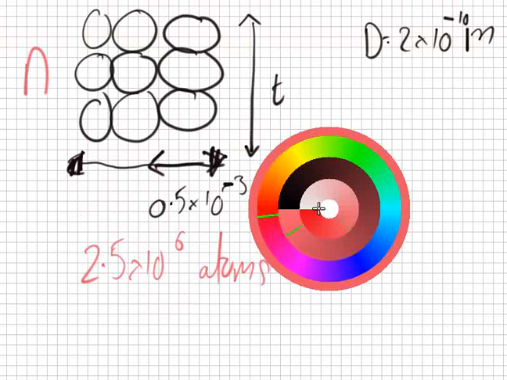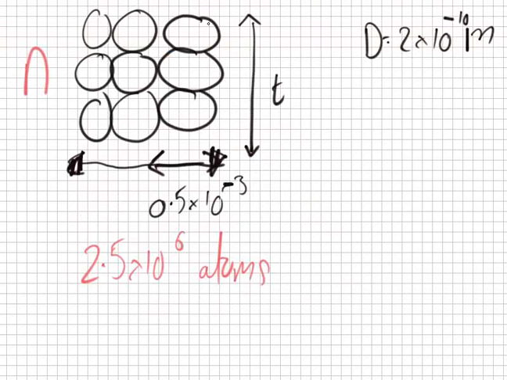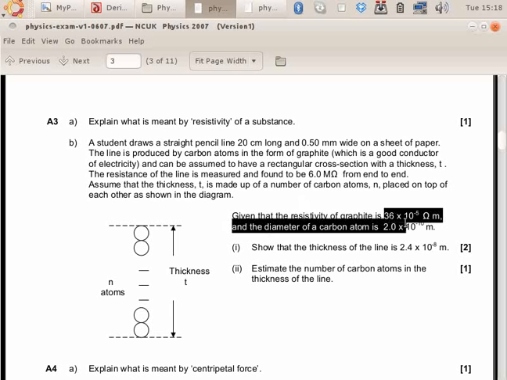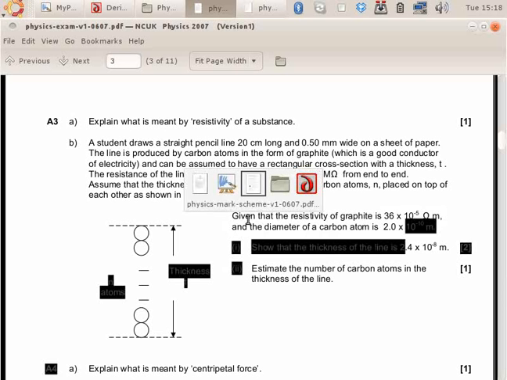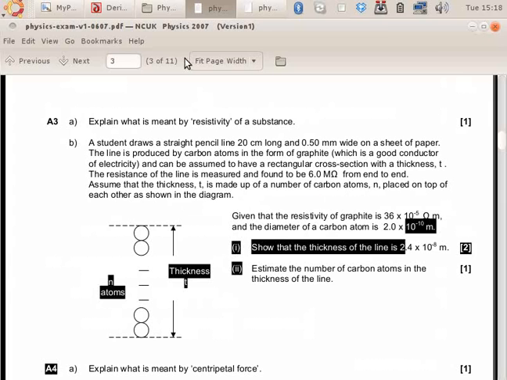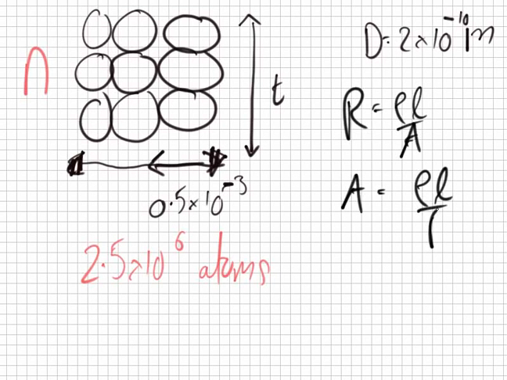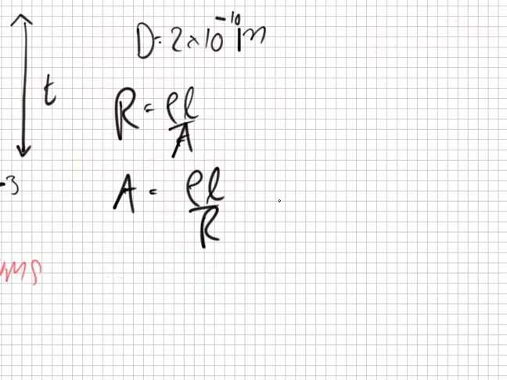Now, what else does he give us? I think he gives us this total area, perhaps? Show that the thickness of the line is 2 times. We can find out the total area by using this information here. So we know that, oh, no looking, we won't cheat. R equals rho L over A, so A equals rho L over R. Now, what was the rho?